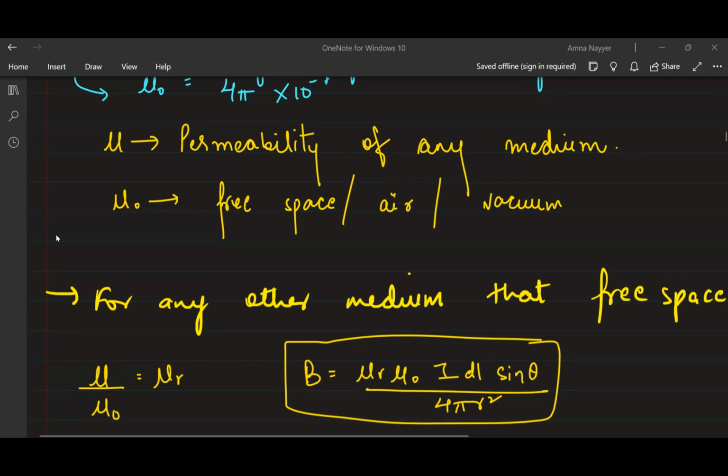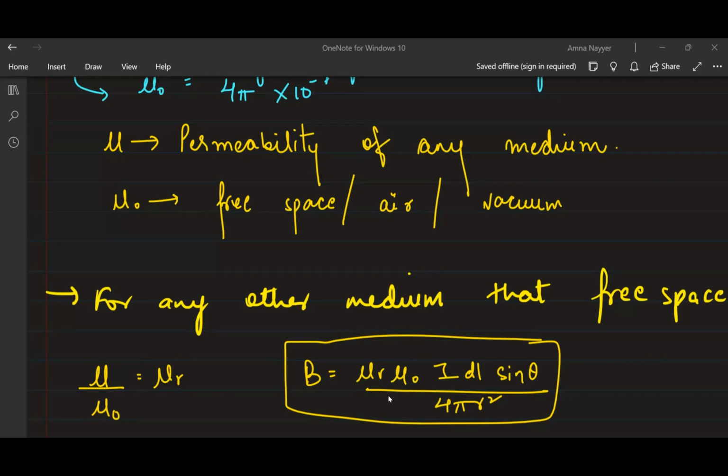Yes, Ubaidullah. This is relative magnetic field. Mu R is the relative permeability. Mu is for a material, mu naught is for air. Mu R is mu by mu naught. So mu will come instead of mu; I have written mu R into mu naught. Got it?